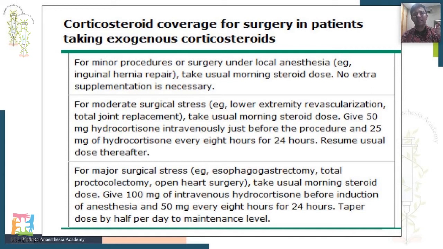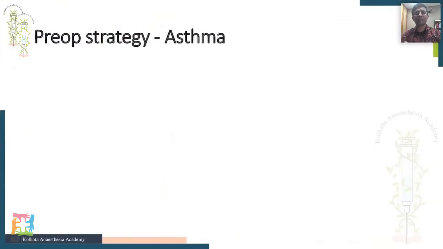If it's a major surgery, thoracic surgery, esophageal surgery, gastrectomy, major GI surgeries, cardiac surgery, the morning dose is given. Then you give 100 milligrams of intravenous hydrocortisone prior to induction of anesthesia. Also 50 milligrams every 8 hours for the first 24 hours.